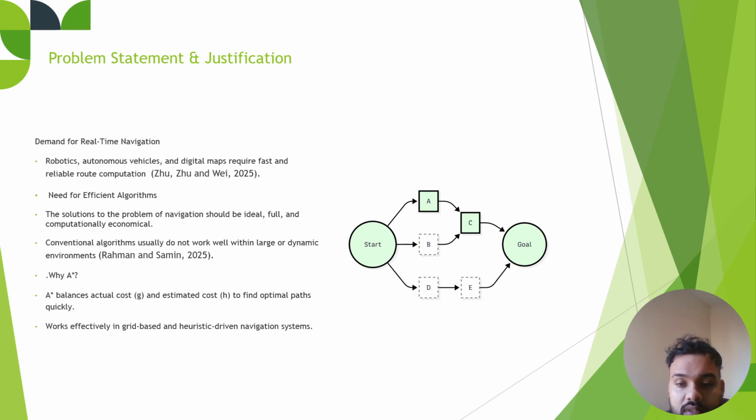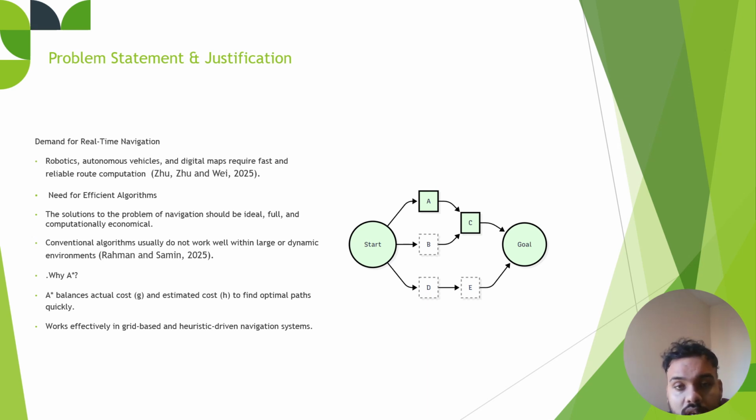Real systems can't afford to spend several seconds calculating a route while a car is moving at highway speeds or a robot is navigating a dynamic warehouse. Solutions we develop need three things: optimal, meaning they find the best path; complete, meaning they find a path if one exists; and computationally economical, so they don't consume excess power, processing and memory.